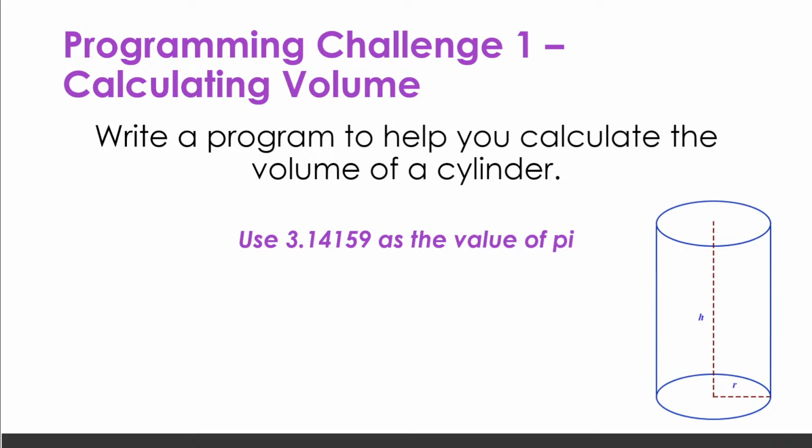I say to use 3.14159 as the value of pi. There are ways that we can get more precise values of pi. We'll talk about them in a later module. Remember, we're snowballing.